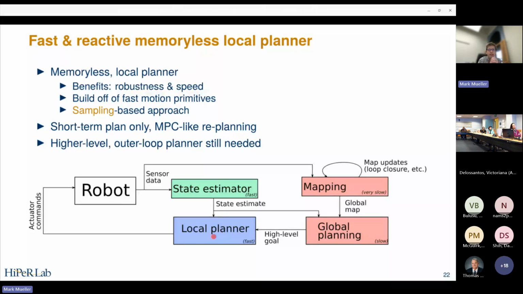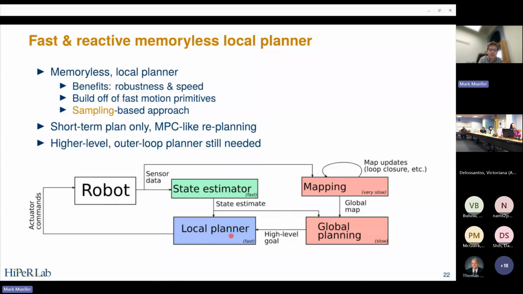This local planner is tasked with this safety-critical collision avoidance of the vehicle in the local environment. And what that means is that we're no longer as sensitive to errors in this outer loop. So if the outer loop comes up with an inconsistent map and a trajectory that would collide with something in the world, the local planner will be able to do the obstacle avoidance either way. Now, the challenge here is that this local planner needs to be very fast. It needs to be able to run as fast as our feedback loop, right?